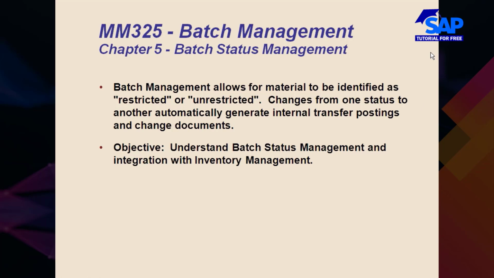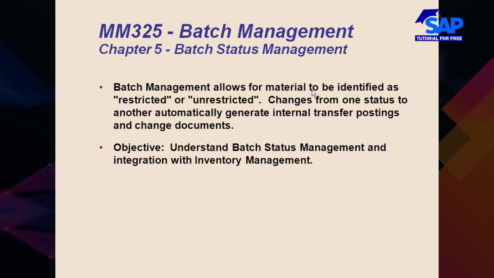All the batch managed materials we have seen in the beginning have something called initial status. That is what we call restricted use, right? So batch status management is nothing but changing the batch status from restricted use to unrestricted use. When you are changing the status from restricted to unrestricted, you need to understand what changes are actually taking place behind the screens.